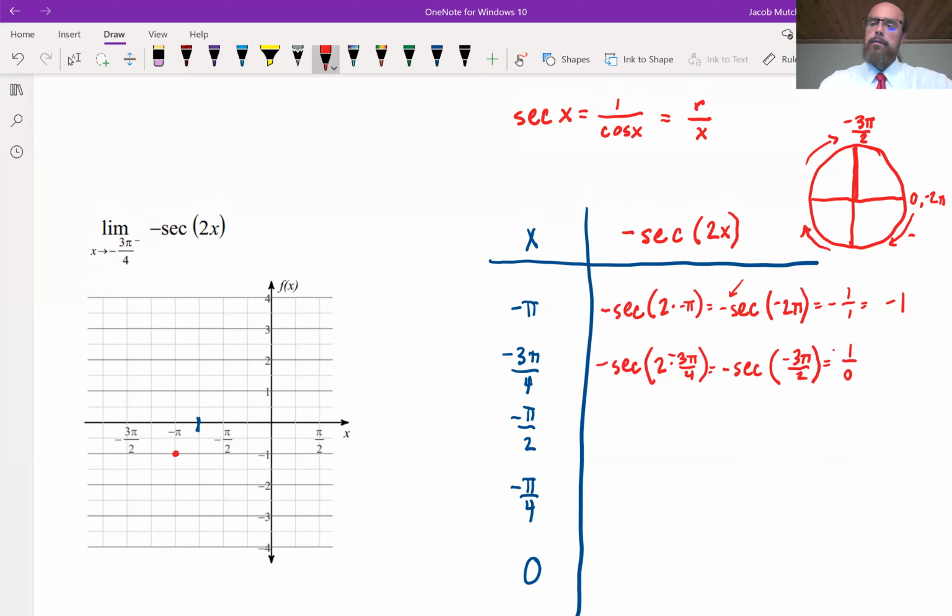In fact, negative 1 over 0. But that doesn't matter. That's undefined. The sign on there doesn't change. In fact, we're trying to divide by 0. So let's again think in terms of what does undefined look like on the graph? That's a vertical asymptote. So right there at negative 3 pi over 4, there's a vertical asymptote.